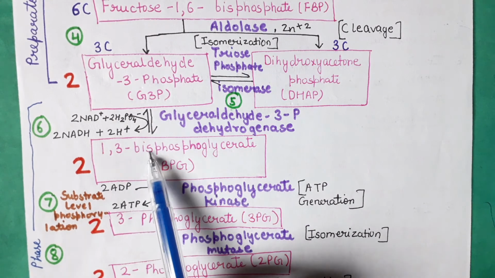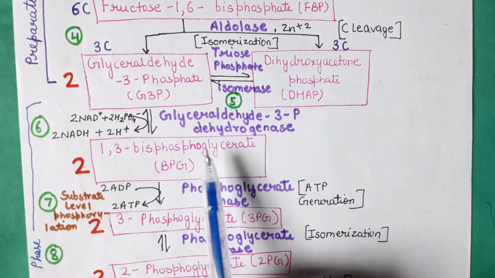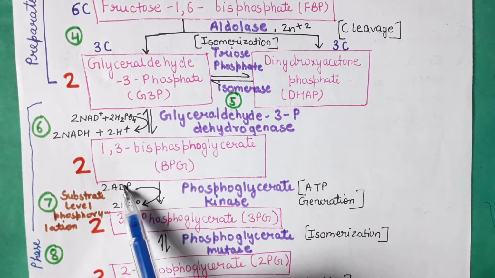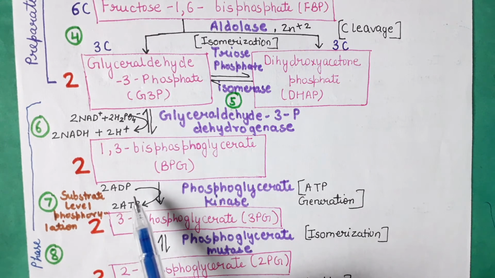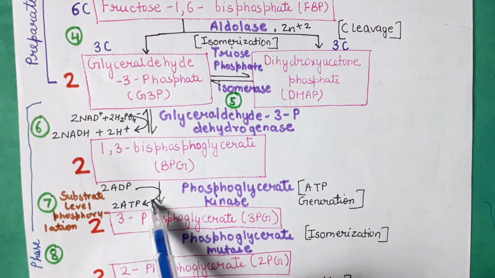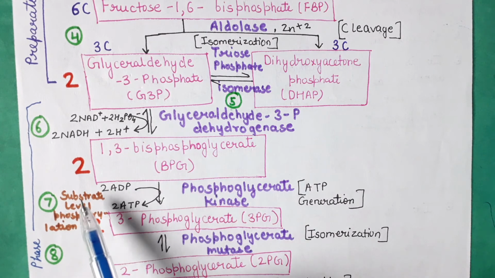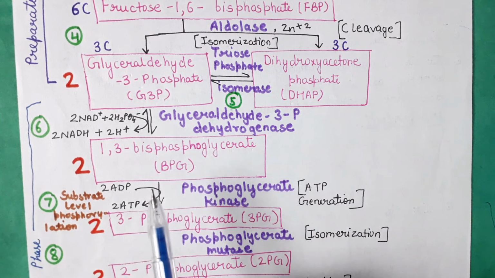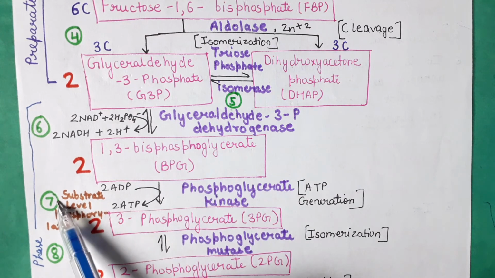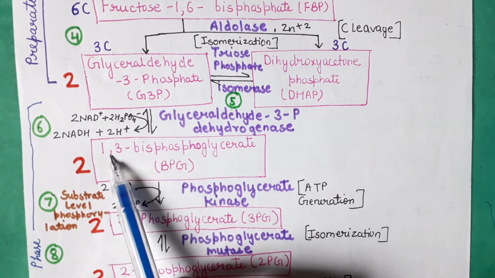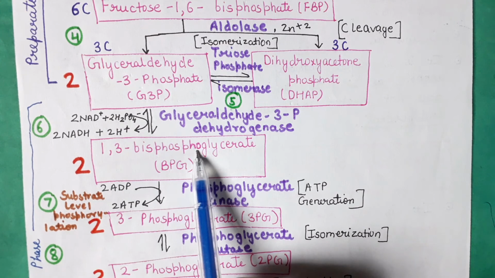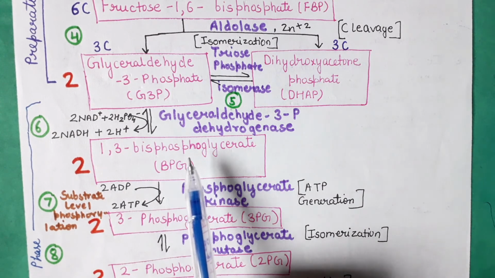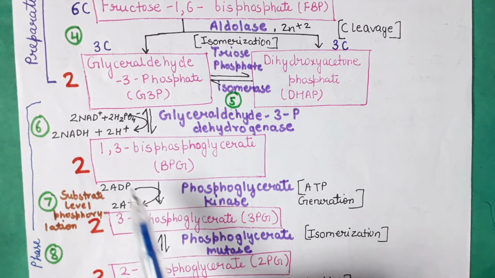A phosphate group from 1,3-bisphosphoglycerate is transferred to ADP, due to which ATP is formed, and that process is called substrate level phosphorylation. In glycolysis, this takes place at step 7, when 1,3-bisphosphoglycerate gives off its 1-phosphate to ADP, which leads to the formation of ATP.